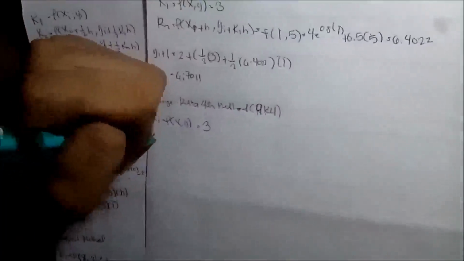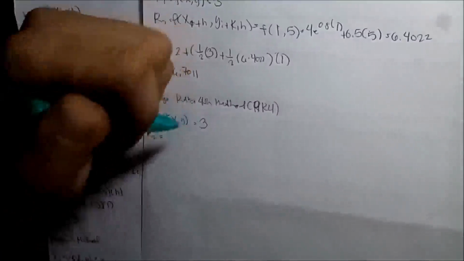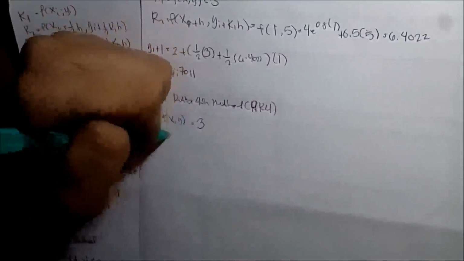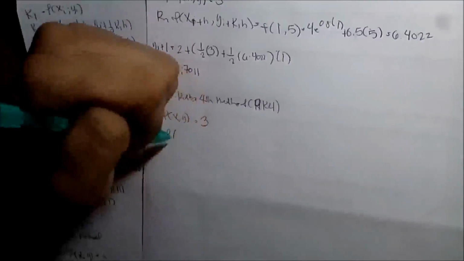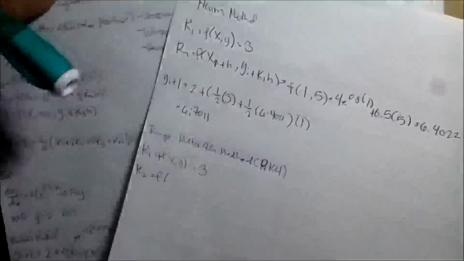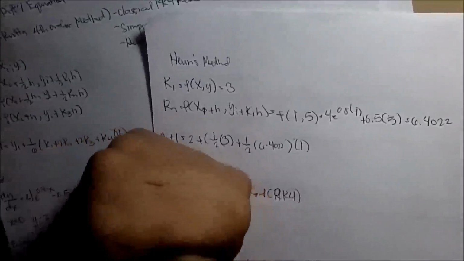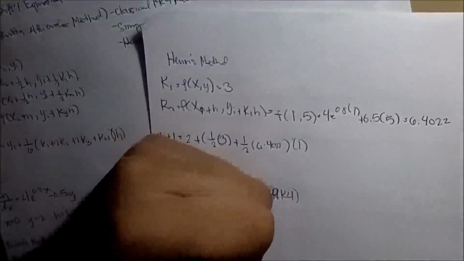K2 equals f of xi plus 1/2 h, yi plus 1/2 K1 h.